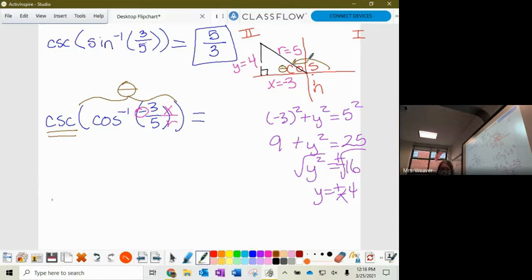So tell me, in terms of x, y, and r, cosecant is what over what? It's the reciprocal of sine, and we know sine is y over r, so cosecant is r over y. That's right, okay? We know our r value is 5 and our y value is 4. So the cosecant of the angle whose cosine is -3/5 is 5/4.